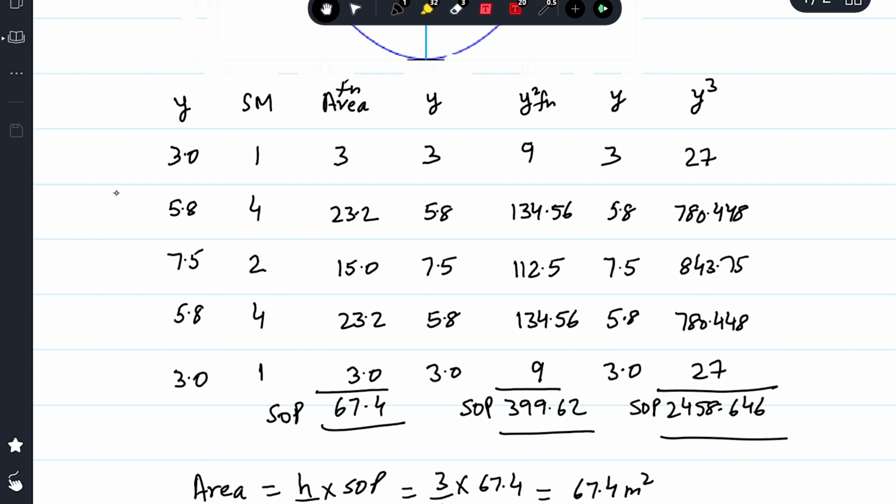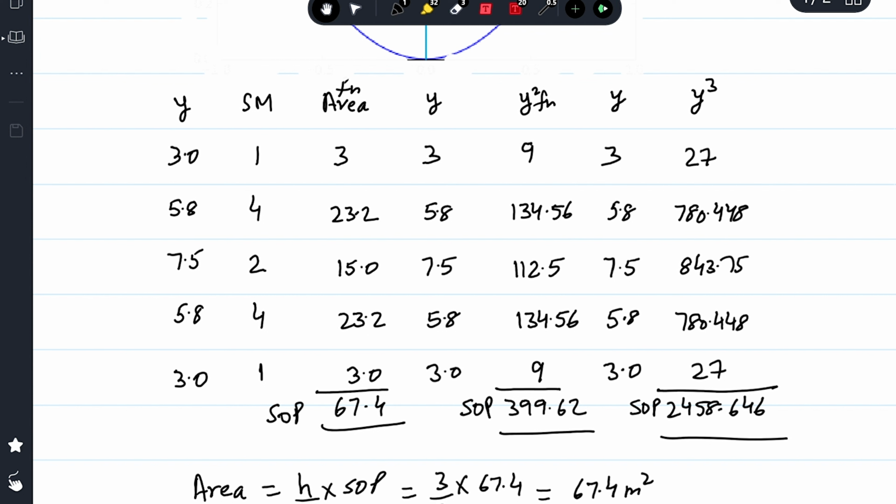which is the moment of inertia about tank top, because this y ordinate is the length of the ordinate taken from tank top downwards. That's why the moment of inertia found will be about tank top.